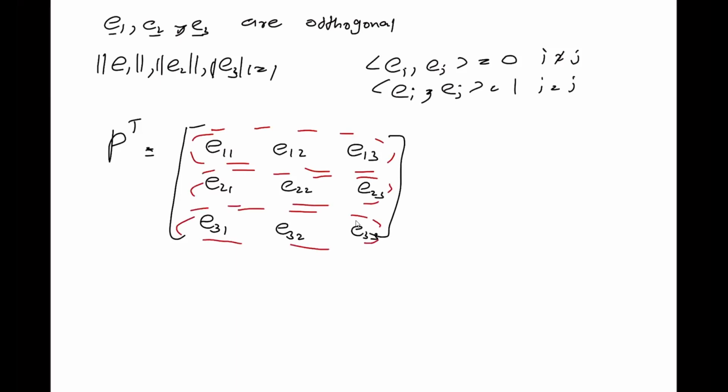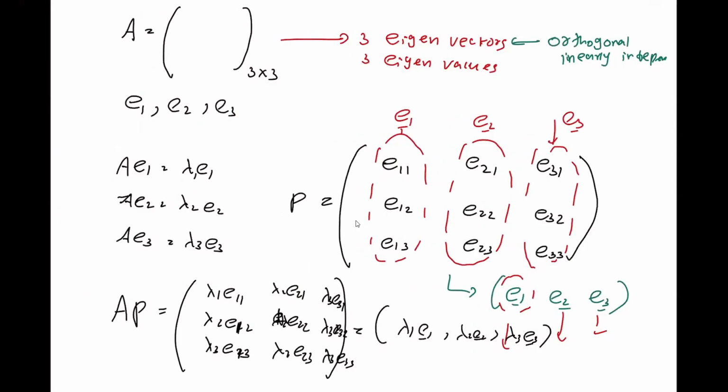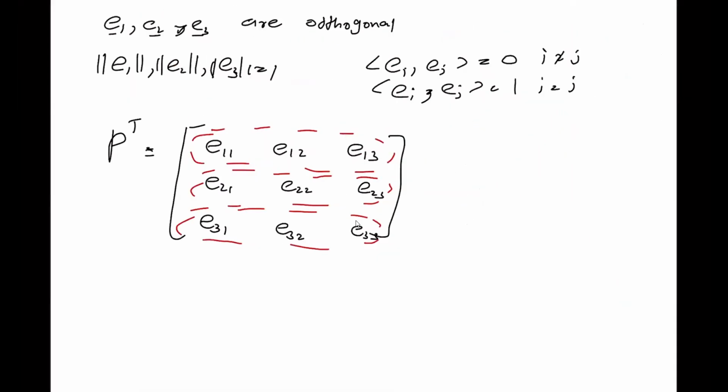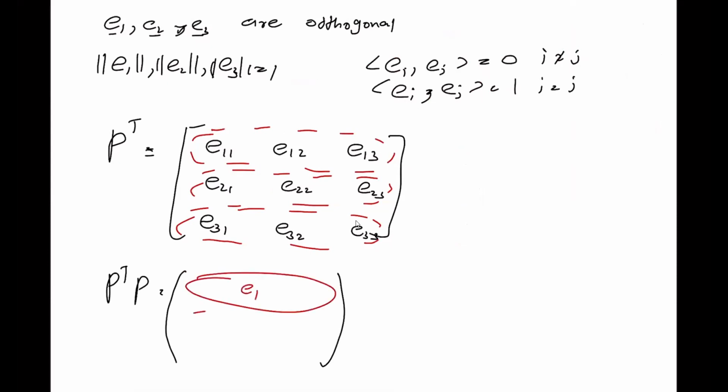Now look very carefully. Now I consider the matrix product P transpose times P. In this case, I have the first row as my E1, then I have my E2 vector, and this is the E3 vector.